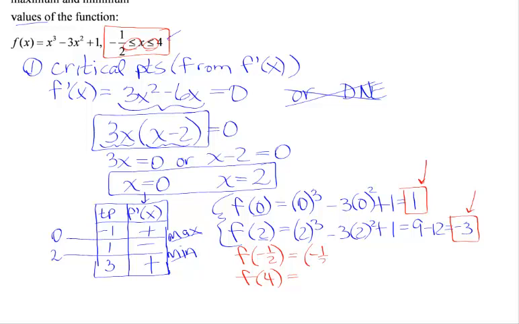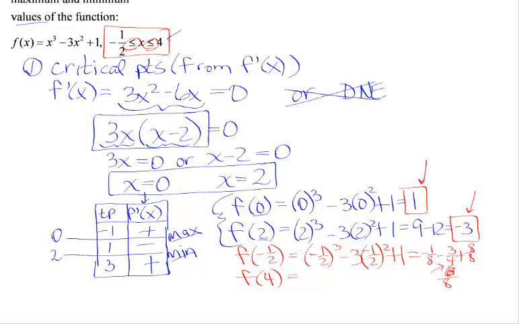So -1/2 cubed minus 3 times -1/2 squared plus 1. Oh, help me. That is -1/8, minus 3/4, plus, I'm going to call that 8/8. I'm going to call this 6/8.